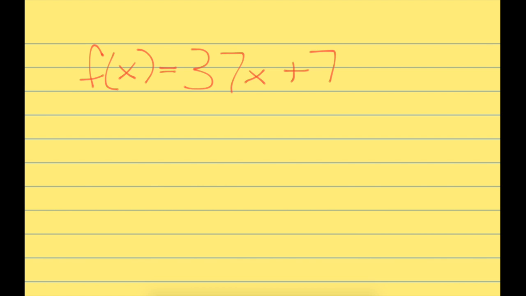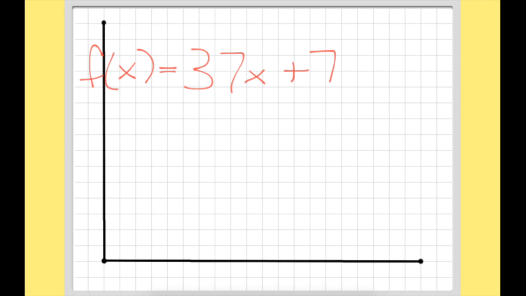So, since we're starting in 1995 and moving on from there, we're going to use positive x values. And since the population of something can't be negative, we're using positive outputs as well. So we're going to just look at the first quadrant of our graph.